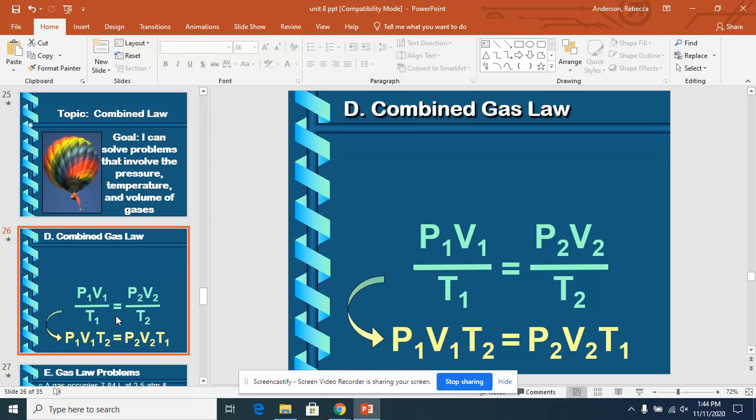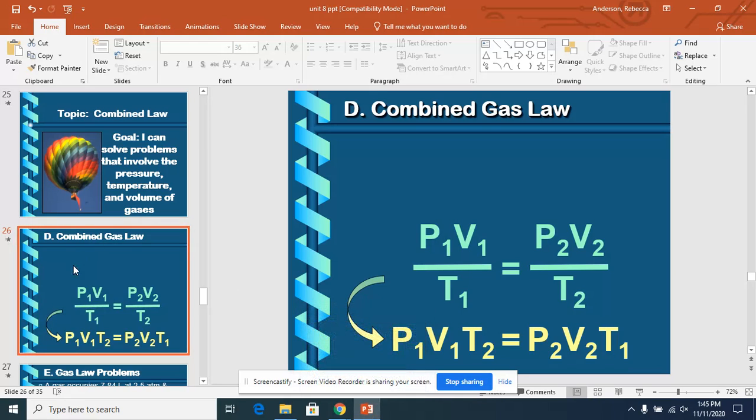Now, if you wanted to get rid of the fractions, you could use the formula P1V1T2 equals P2V2T1. I personally use the one with the fractions because we get this by cross multiplying like we have already. And that way I remember all the ones, all your startings, are on one side and all your new stuff's on the other side.